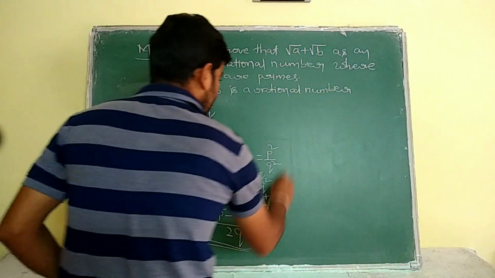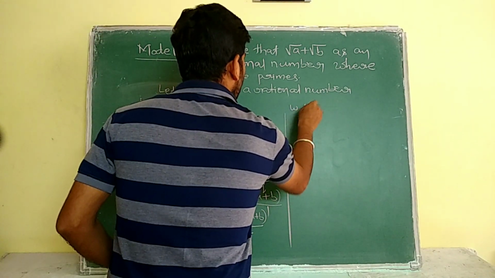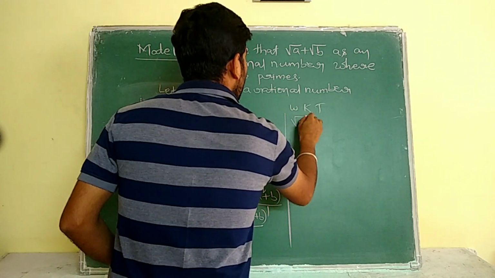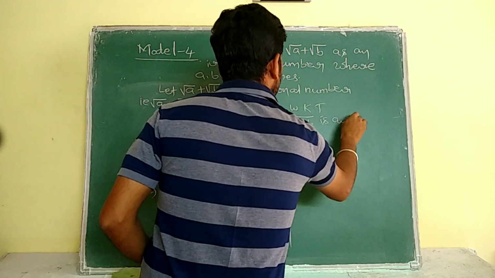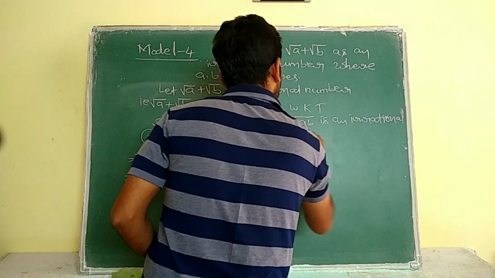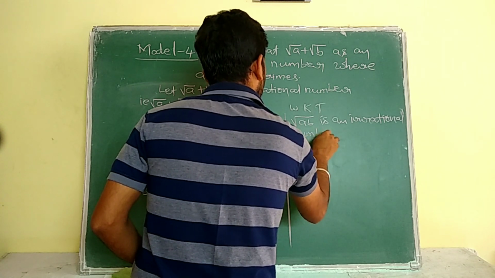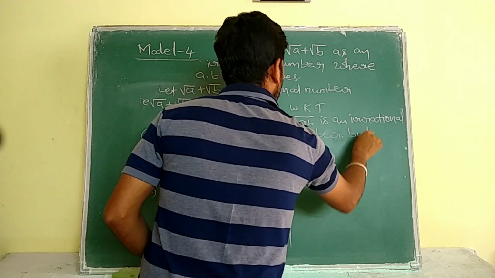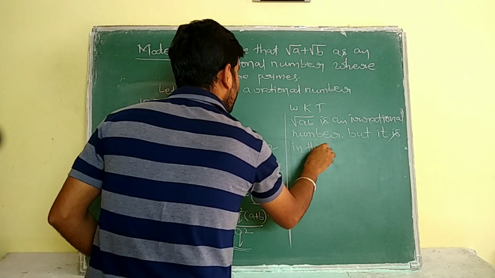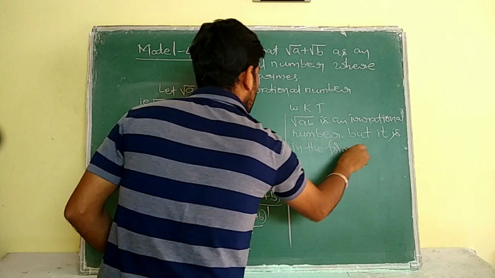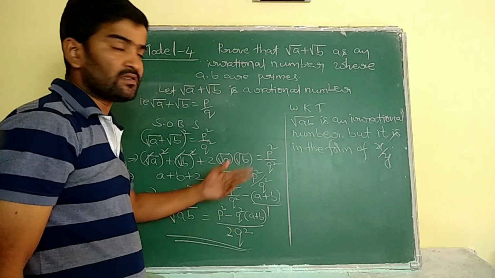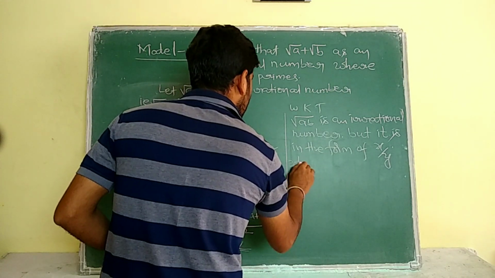We know that root ab is an irrational number, but it is in the form of some x by y, which contradicts our assumption.